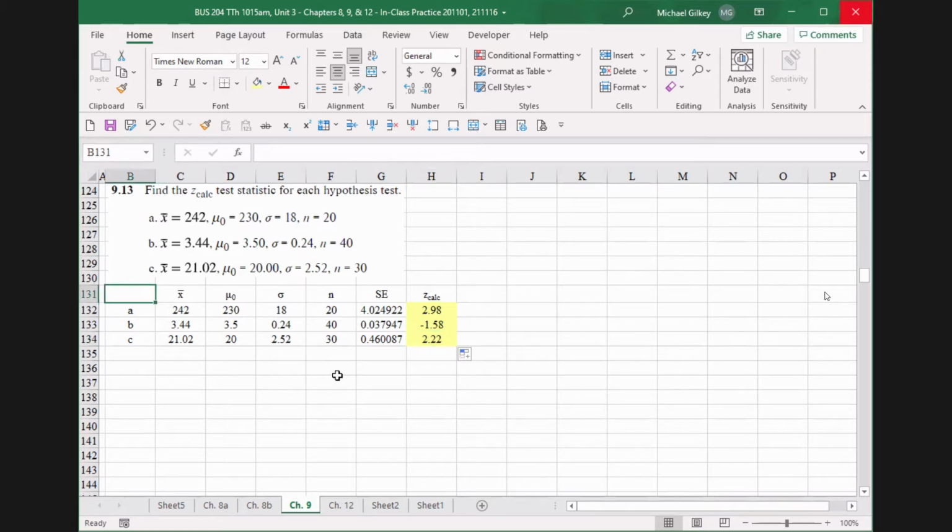Okay. Whenever you can look at things and say something about the result you're going to get, then you have a way to check it for reasonableness. If I'd gotten a negative number here, I would know I made a math error somewhere, right? Because this can't be negative if the number I'm trying to standardize is above my mean. It can't be negative. It's impossible. Okay.